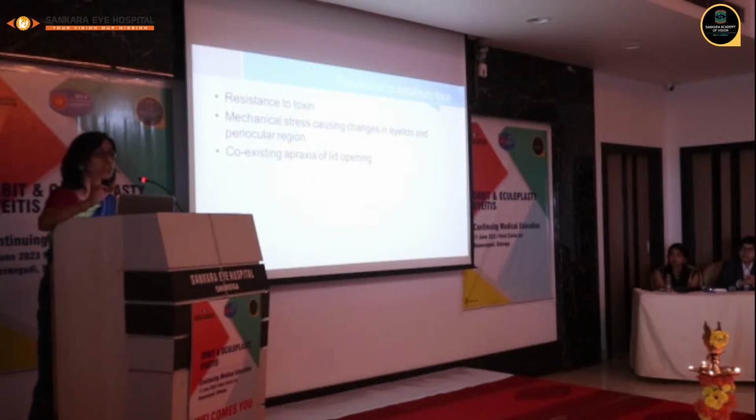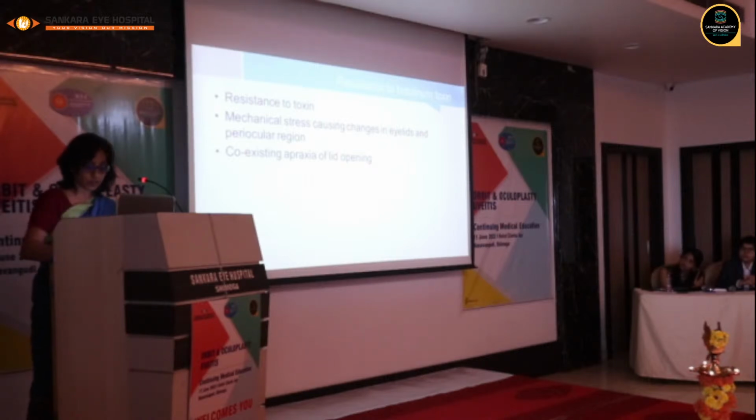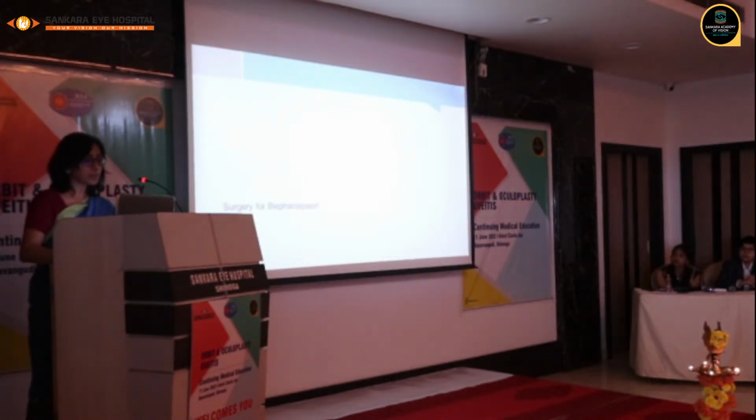The constant spasm causes changes. It causes ptosis, drooping of the eyebrow. It causes blepharoptosis. The entire skin fold hangs down. So there's excess weight for the eyelid to open. So that adds on. And there can be apraxia of lid opening, which is coexisting if you have not treated it well.